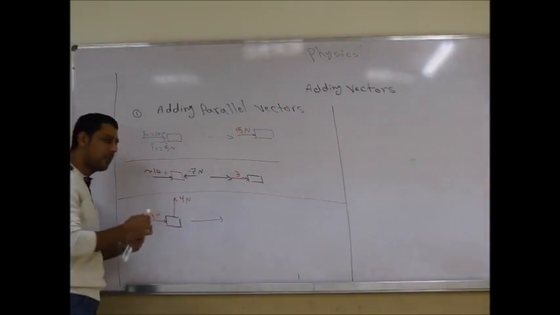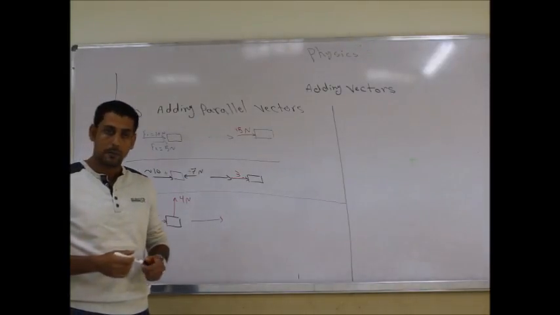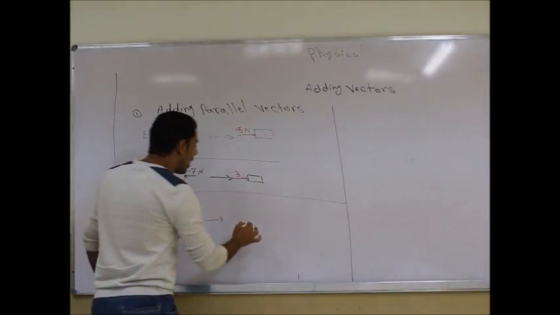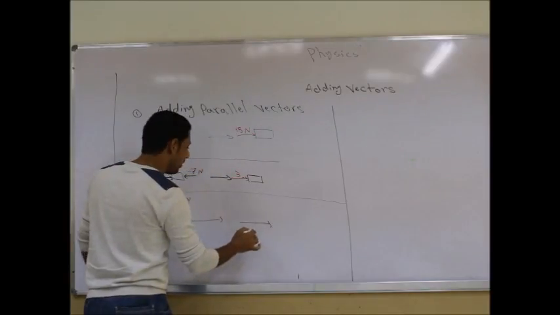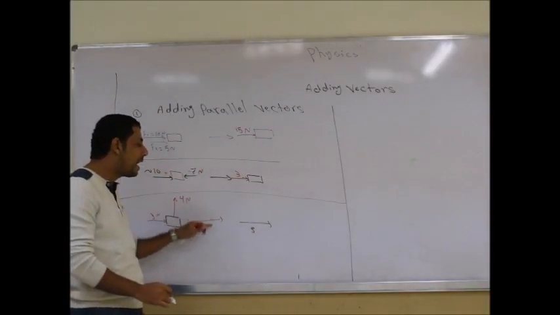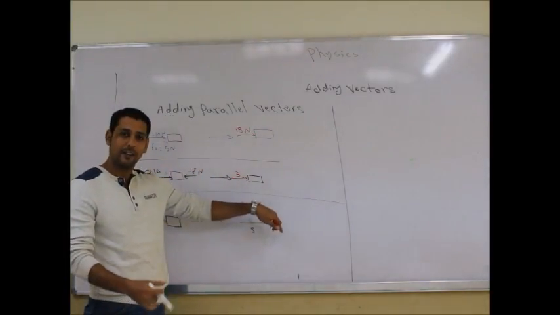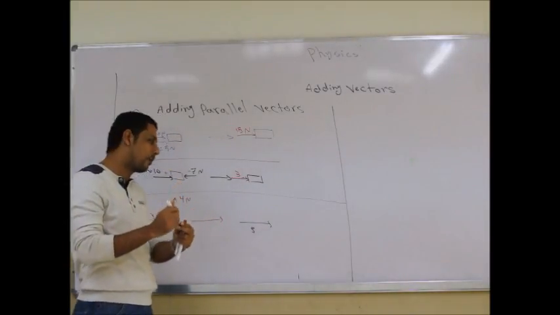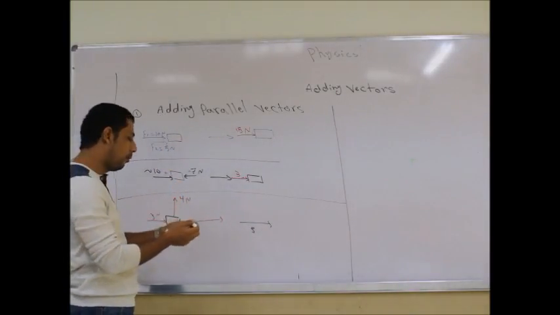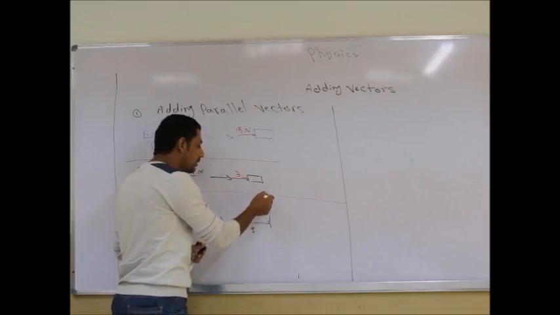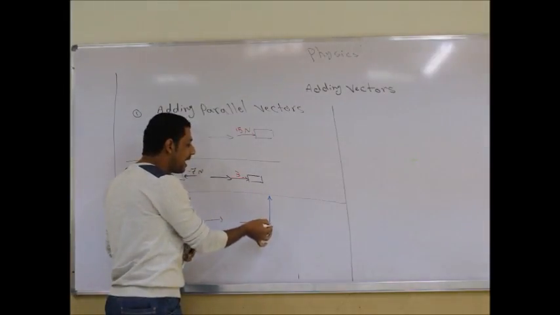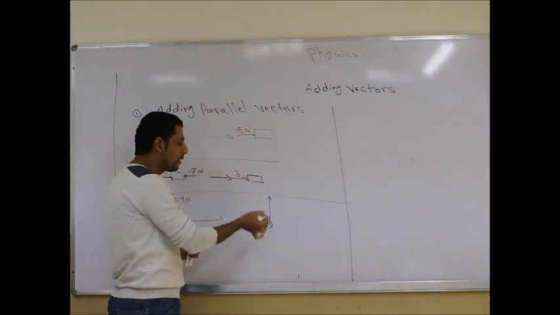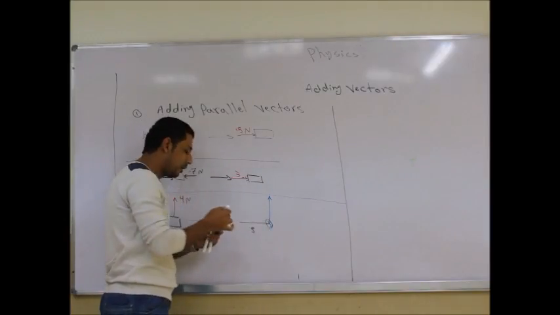If I ask about the resultant vector, I take the first one as it is, 3, then the end of the first one will be the beginning for the second one. So the second one is 4, I put it here. This is the end of the first vector and the beginning of the second vector.